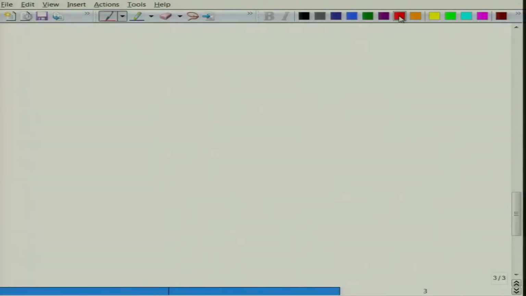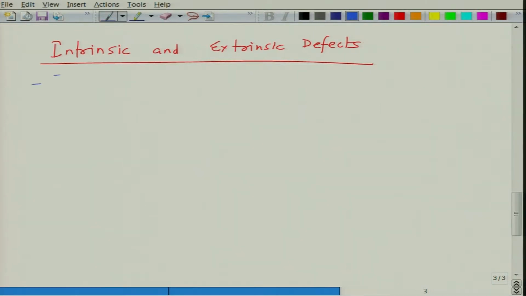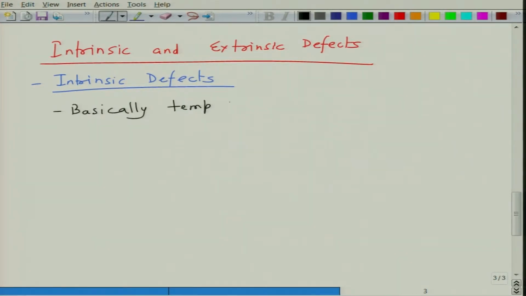systems. When you consider the defects, there are two kinds of defects, intrinsic and extrinsic defects. So what are intrinsic defects? The intrinsic defects are the ones which are basically temperature dependent and which form in the solid intrinsically.